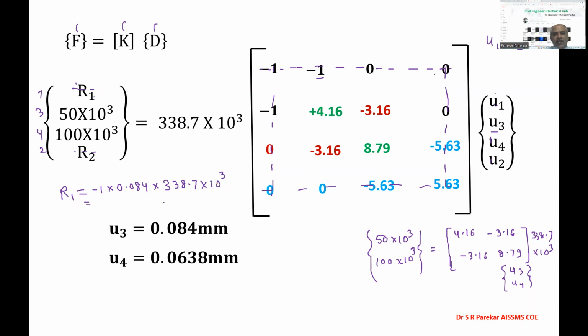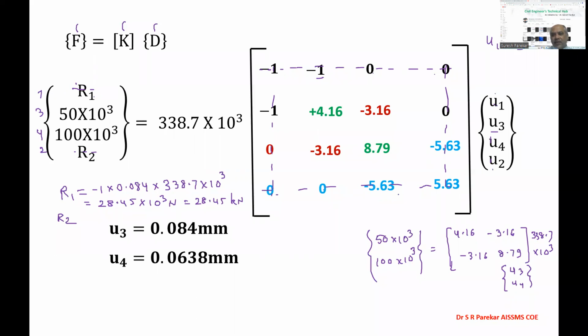So if we solve this, we will get this value, equal to 28.45 into 10 raised to 3 Newton, that I can write as 28.45 kilonewtons.